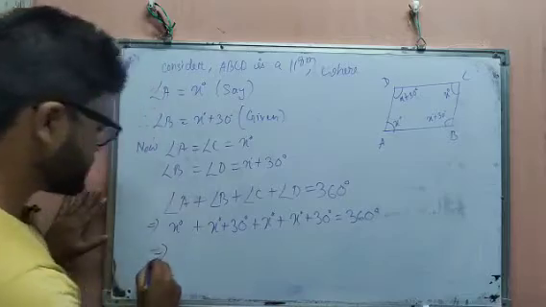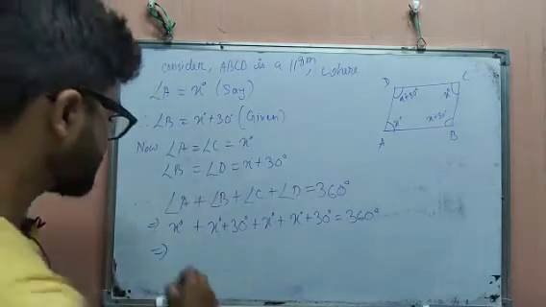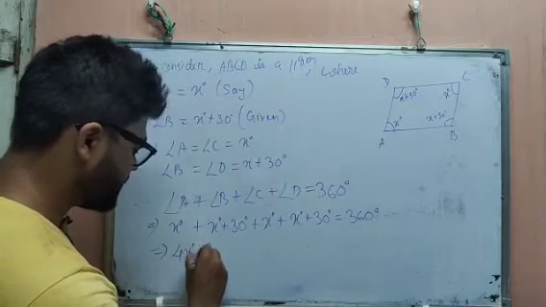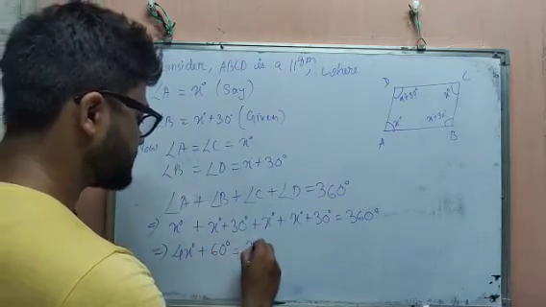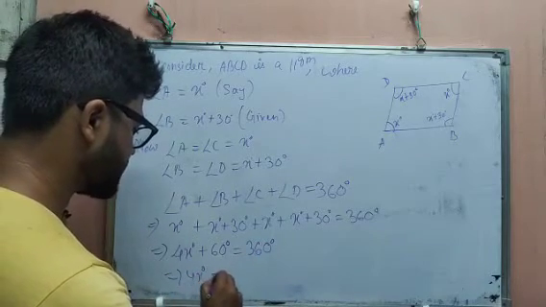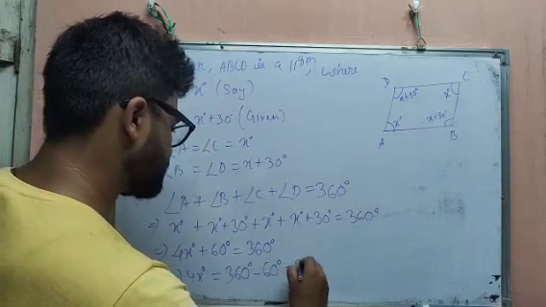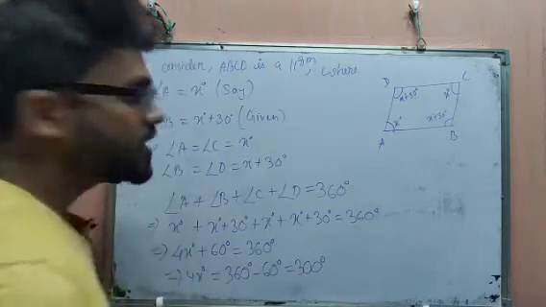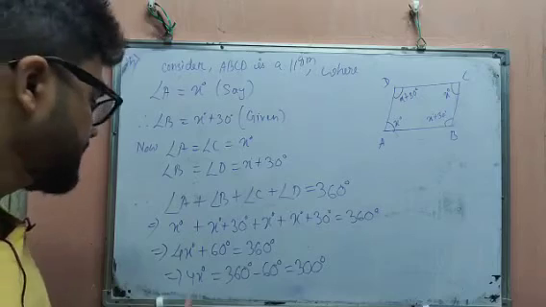Okay, so how many x are there? 1, 2, 3, 4. There are 4x, so you can write 4x degree plus 30 degree plus 30 degree, 60 degree equal to 360 degree, or 4x degree equal to 360 degree minus 60 degree equal to 300 degree.